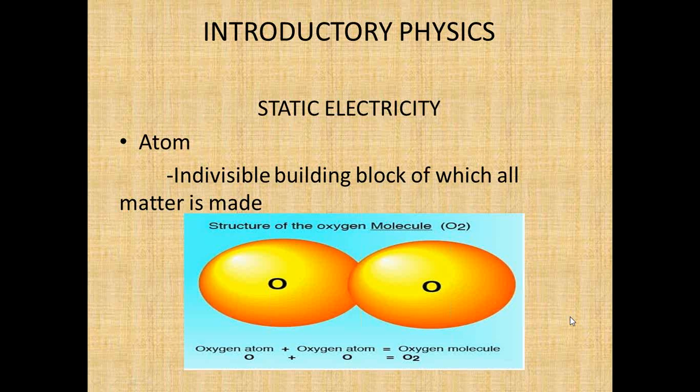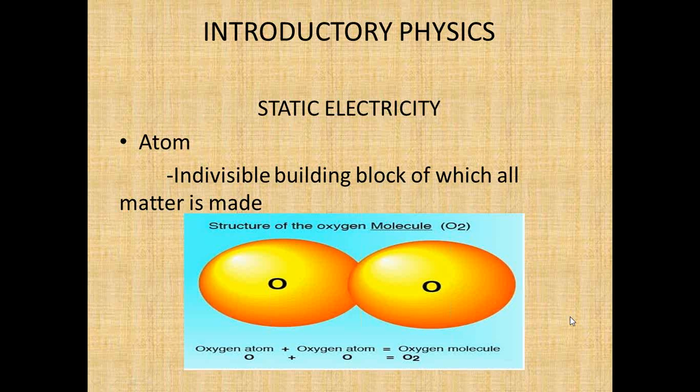So an atom is really the building block of all matter, and you have different types of atoms, but it is the smallest indivisible structure. So when you break down any matter, any material, the smallest part of that matter which cannot be broken down anymore, they call that the atom.